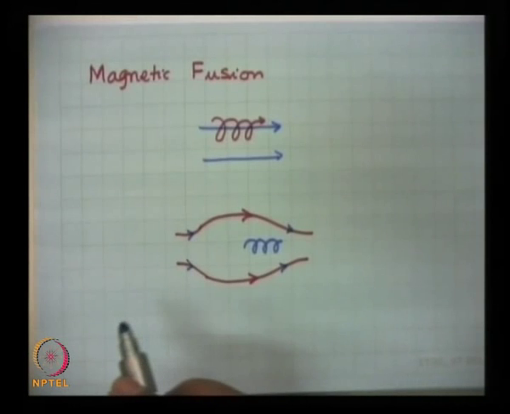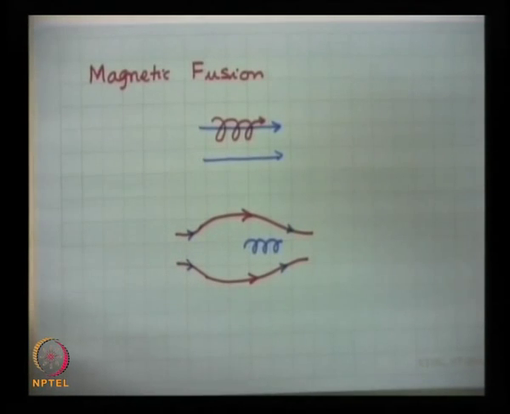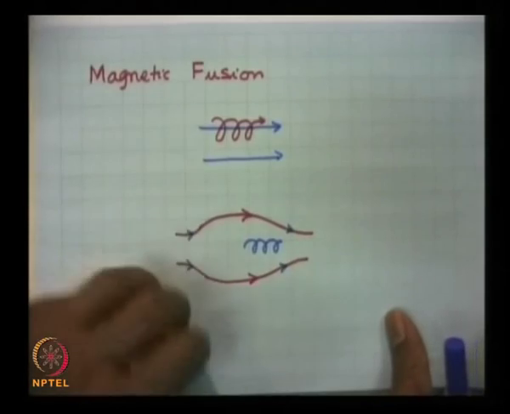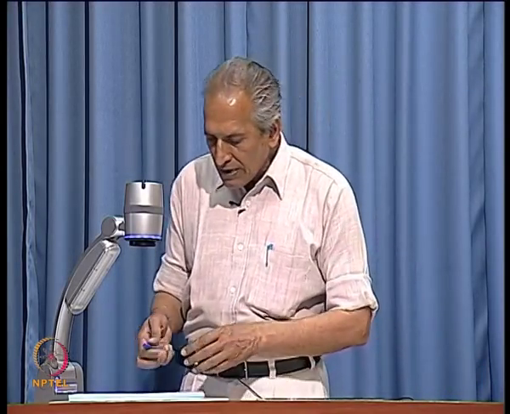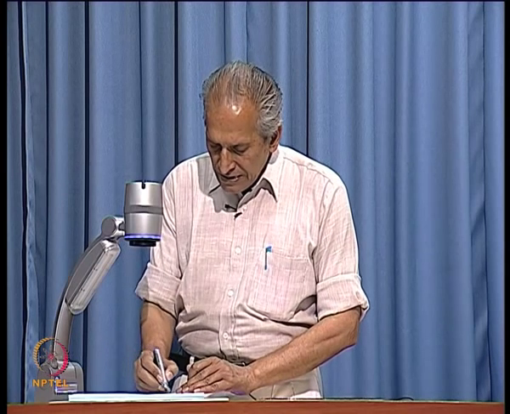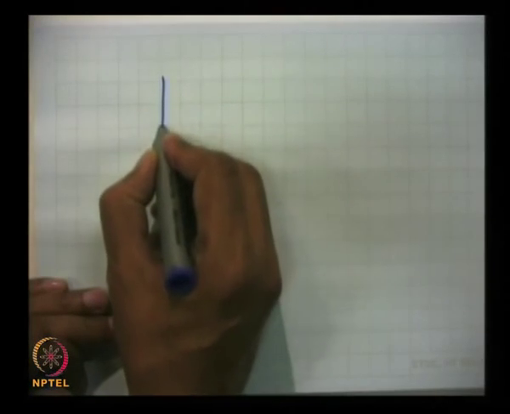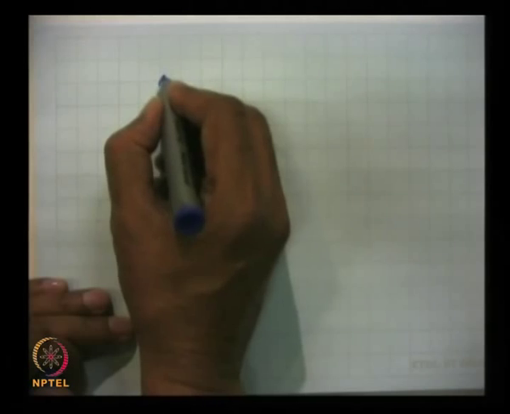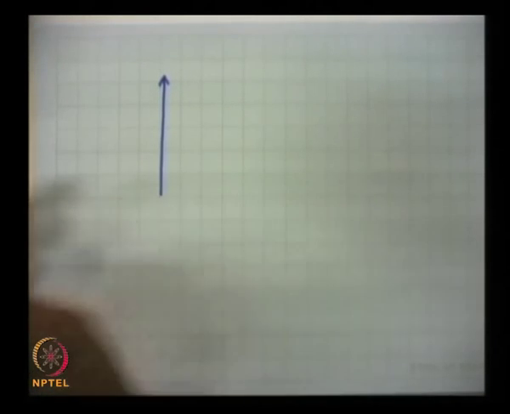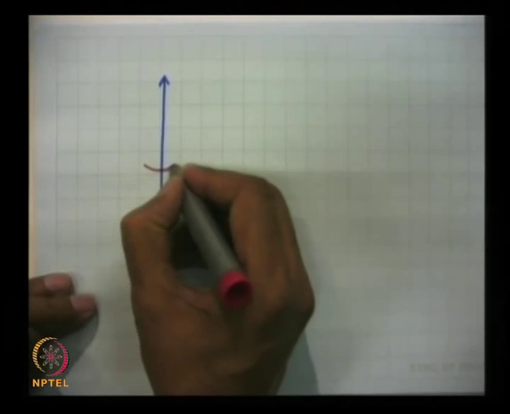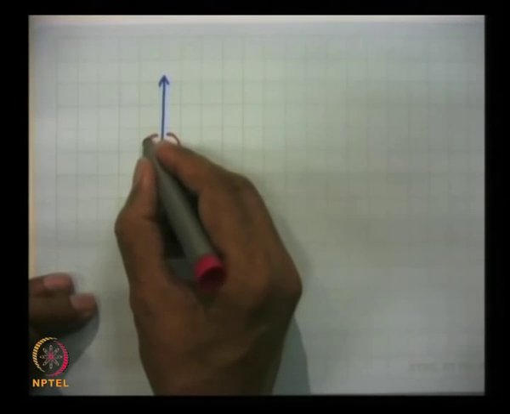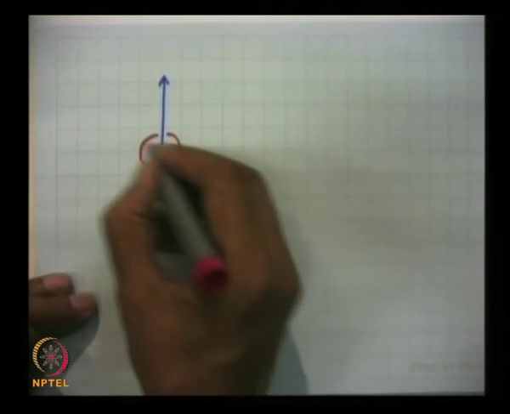Then one can think of a confinement by using closed lines of force, and that is called toroidal confinement. The toroidal confinement is like this. Suppose I take a current carrying wire of very large length, then the lines of force around the wire are circular, they close on themselves.